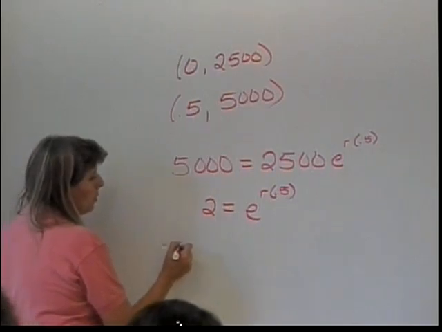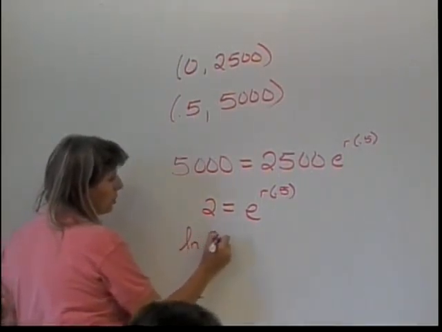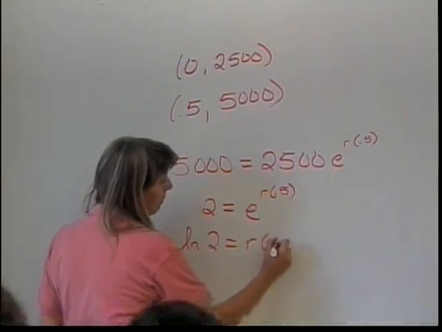Put it in logarithmic form, and that will be the natural log of 2 equals R times 0.5.